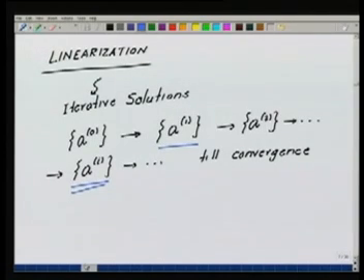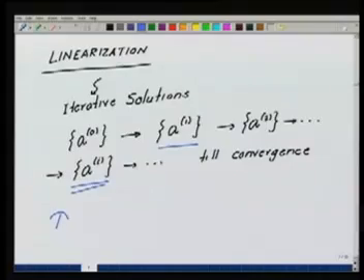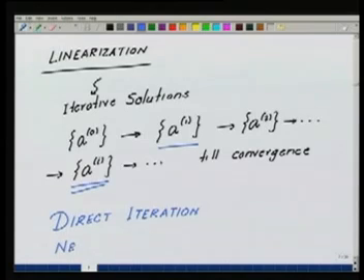Okay, so we have various ways of doing this nonlinear solution. The two primary ways which are quite often used are, one is the direct iteration, and the other is what we know as the Newton-Raphson.